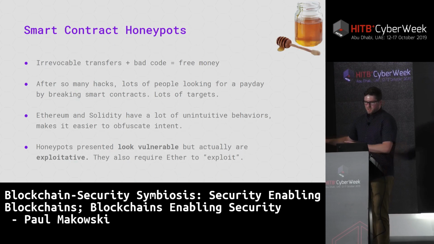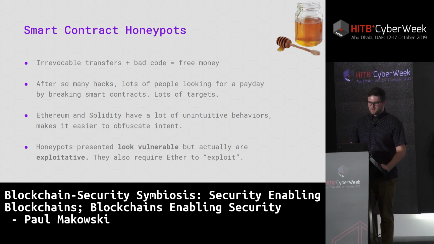Another thing that's happened in the smart contract space is honeypots. Honeypots are kind of fun. People go out and they try to exploit Ethereum smart contracts using things like reentrancy bugs to do so. And so people have kind of gotten wise to that and set up honeypots, which are contracts that look vulnerable, but they actually aren't.